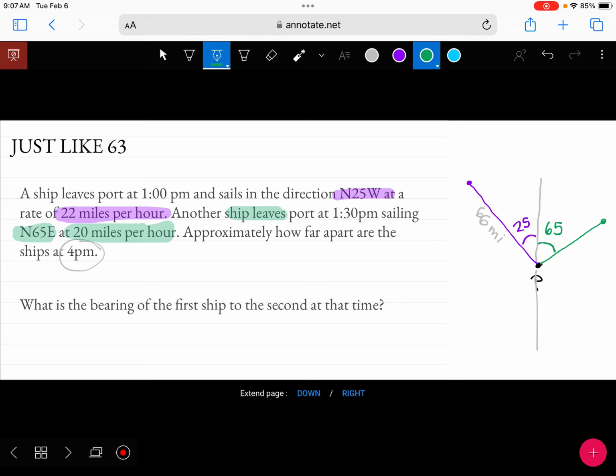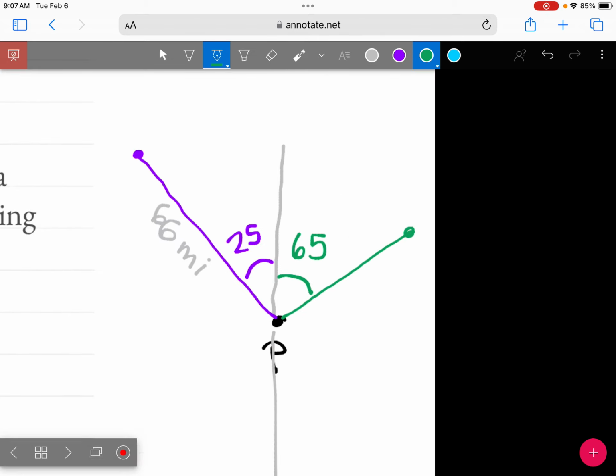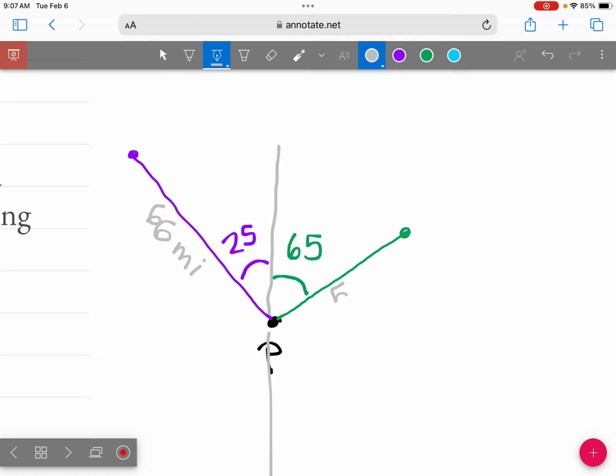So how many hours did it travel from 1:30 to 4 p.m.? It did travel 50 miles, but that wasn't the question that I asked. Yeah, 2.5 hours. And if it's going 20 miles an hour, we know that it went 50 miles.